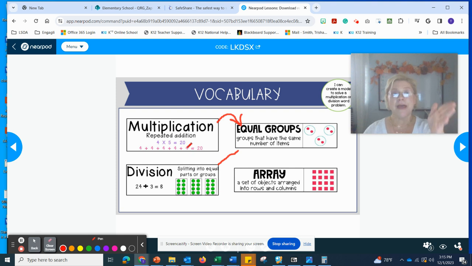The difference between addition and multiplication in a word problem is that keyword, equal groups. So always important. So let's get this party started, my friends.